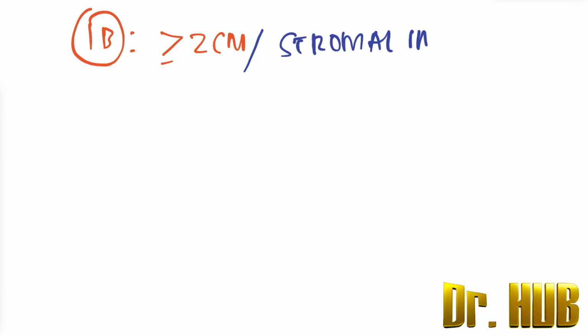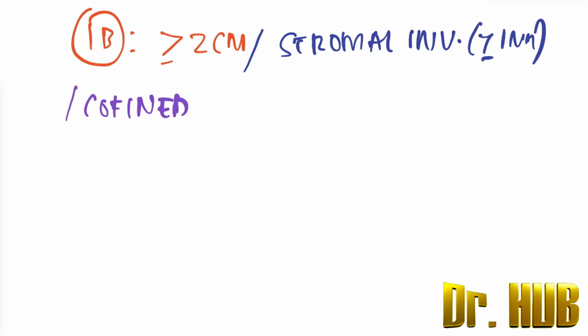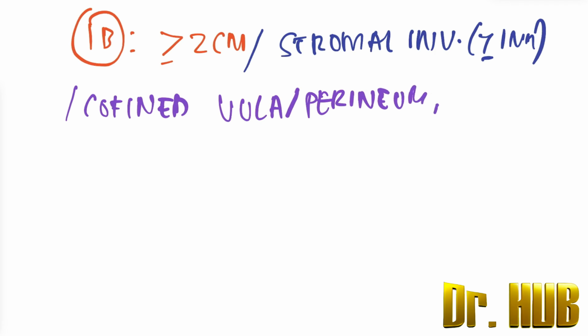Here it is greater than 1 mm. It is confined to the vulva or the perineum and it has negative nodes.